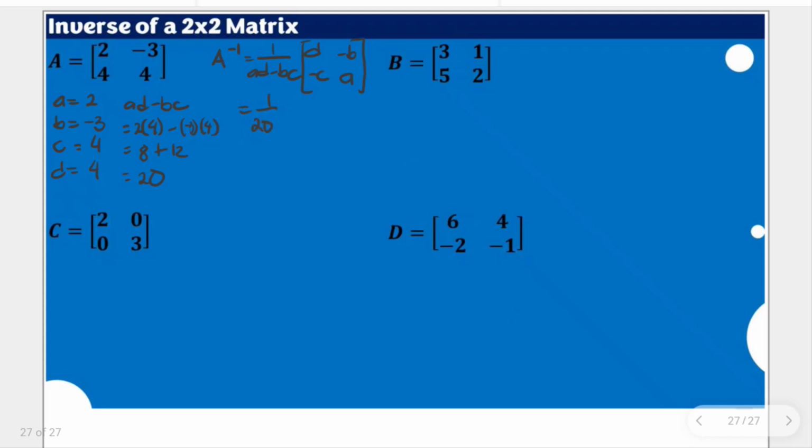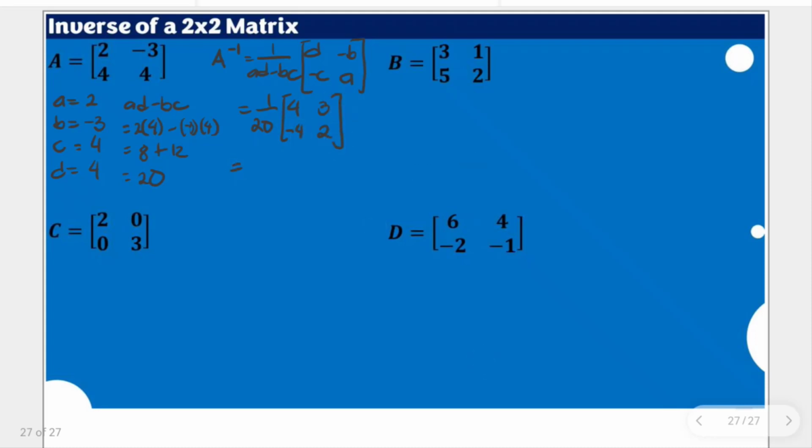The scalar quantity you're going to multiply is 1 over that result of 20, to be multiplied with this assignment. So 4 is already here, 2 is here, so B is the negative of negative 3, which becomes positive 3, and C, which is 4, becomes negative C, negative 4.